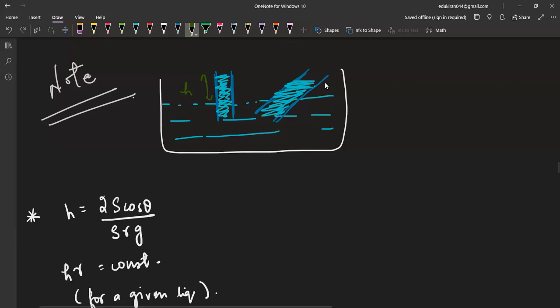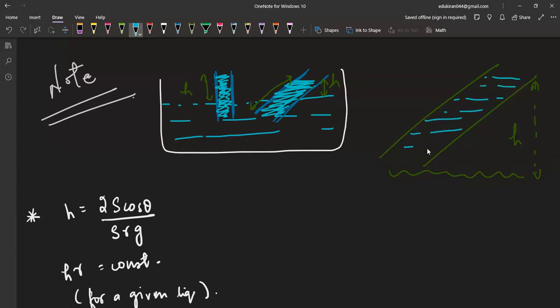You will just take the perpendicular height that is given. You will not calculate this inclination and use the angle and all. Simply whatever is the separation from the water level, this height you will be considering. This will be having water in it, so this entire water level you will be considering in your calculations.